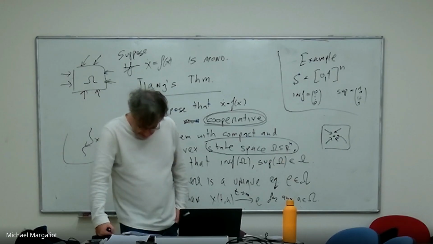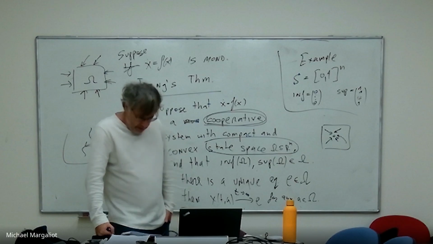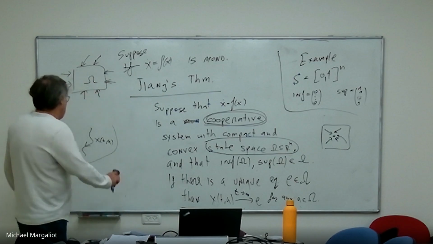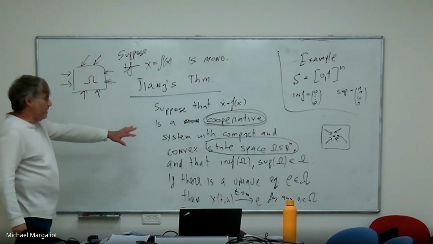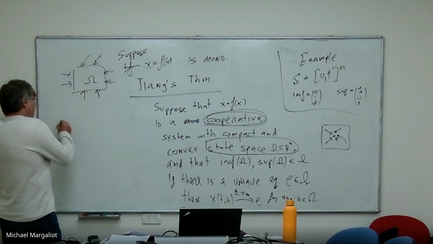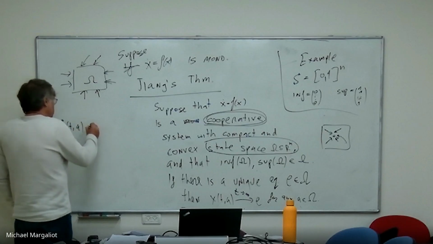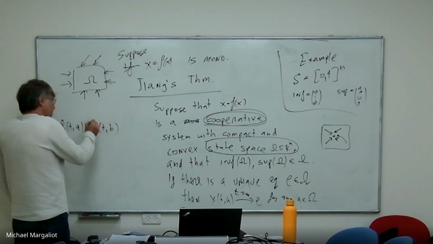Hello, Michael, I have a question. Is convexity compulsory for this theorem to hold, or can we have some flexibility with other sets if it's not convex? That's a good question. I think that we need convexity. Let me explain why. You remember when we proved contractivity, you need to look at the distance between two solutions.